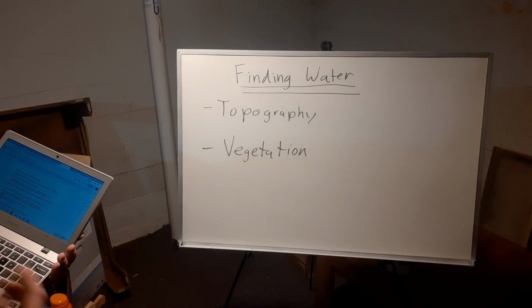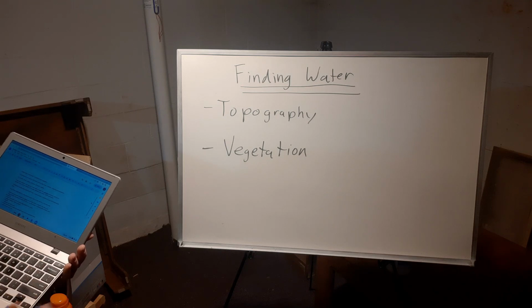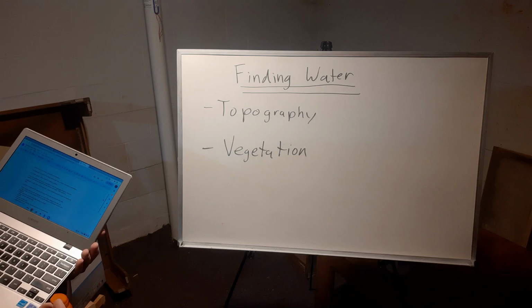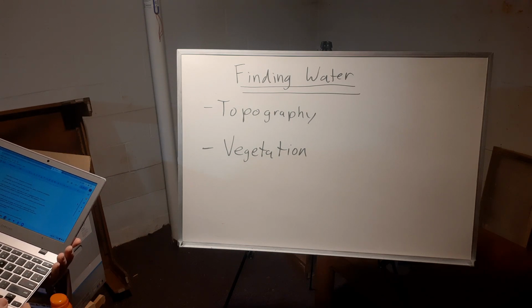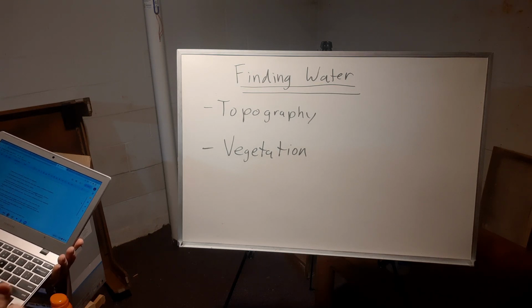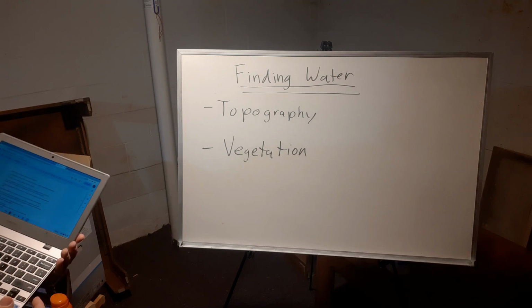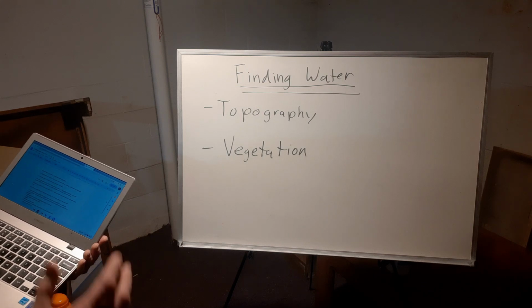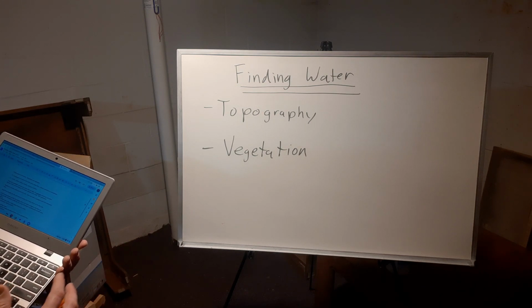If we're talking about precipitation, we're talking about snow, sleet, or rain for the most part. Examples of topographical features where water flows through, collects, condenses or precipitates are ravines, draws, valleys, plateaus, benches, saddles, okay? And I'm going to get into more detail on the topographical features in a minute.